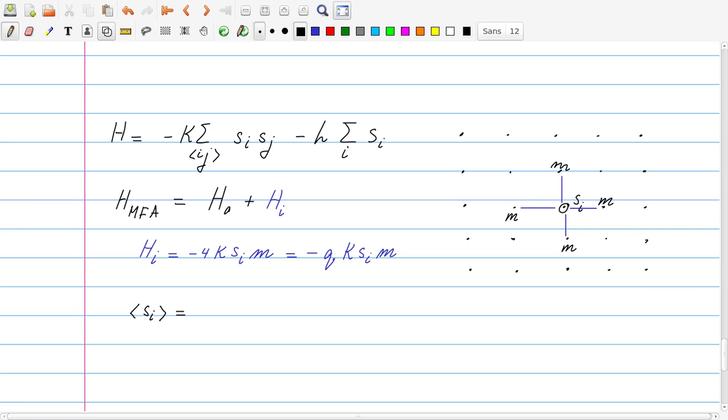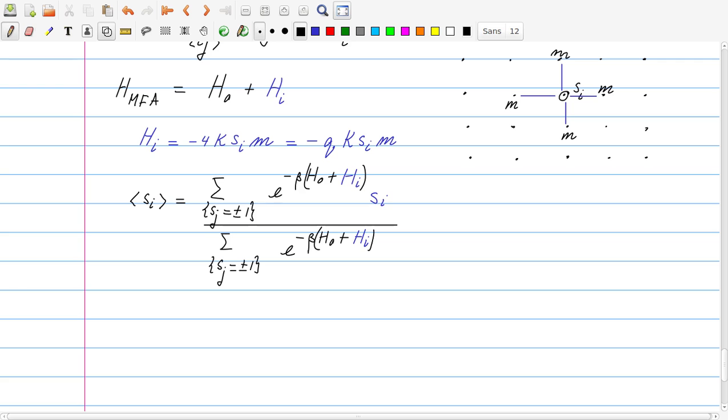So if we now want to calculate the expectation value of the spin at site i, we can write this in the following way. It is the standard expression, and what we have achieved now is that this Hi, because we have chosen the m to be fixed, removes the couplings between Si and other spins, and so this simply reduces to the following expression.